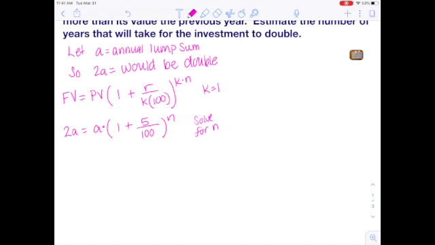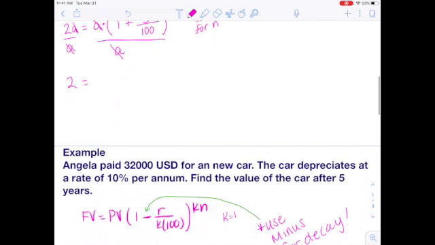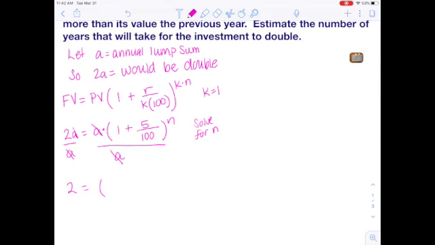All right. Now, a little trick that you can do is this A is being multiplied by the big set of parentheses of 1 plus 5 over 100. So we're actually going to divide off that A from both sides of your equation. So our initial amount doesn't actually matter.